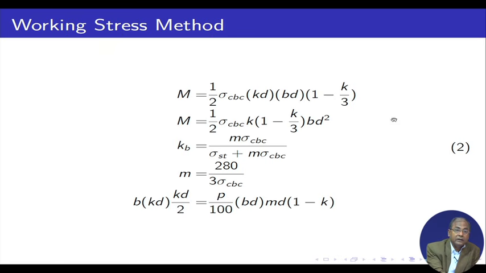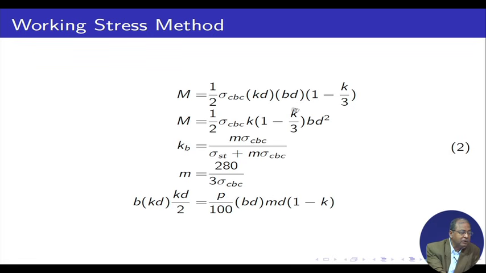So, we are considering half sigma CBC into kd. Please note, half sigma CBC, kd means x, then b d, and we get 1 minus k by 3. So, if we write down that equation, M equal to half sigma CBC k (1 minus k by 3) b d square.